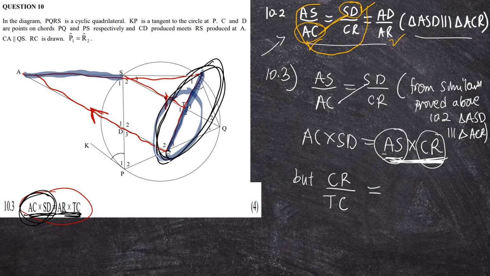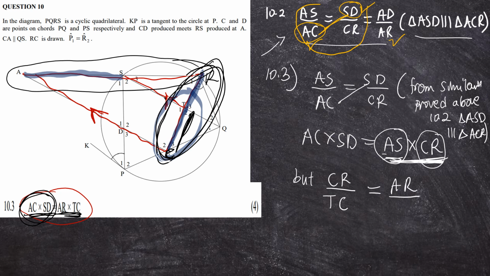To say CR divided by TC will be the same as the bigger one, this side, which is what? AR. Okay, so this is AR divided by the smaller one, that side, right? Remember that is just the proportionality theorem.